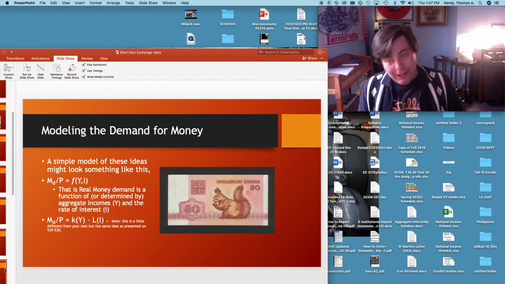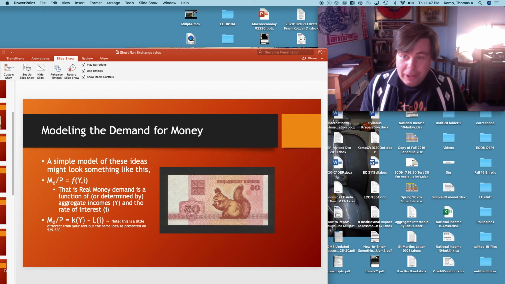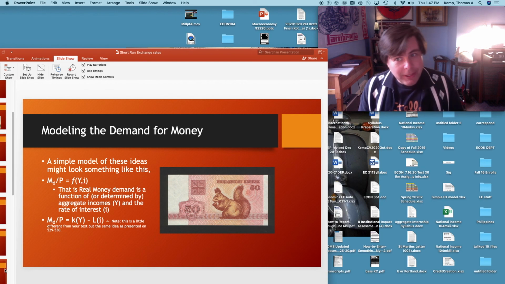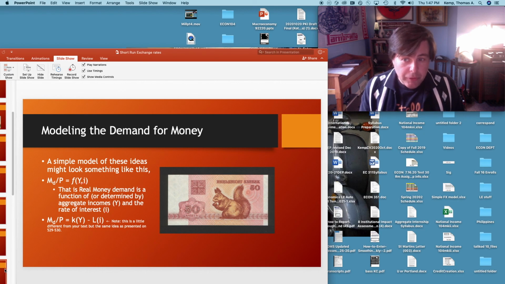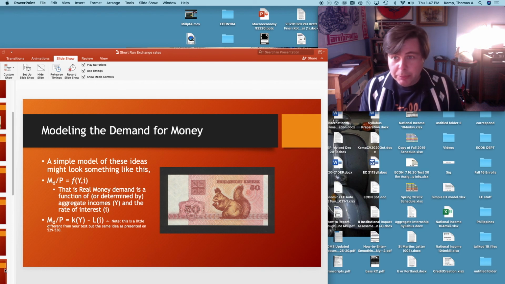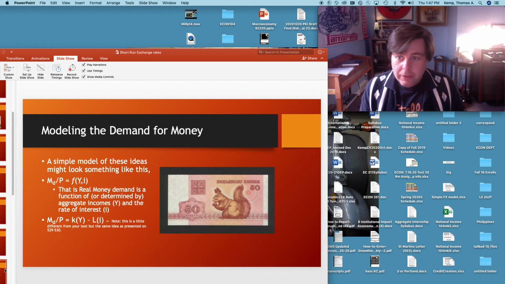Minus L times i. Okay, well, remember that speculative demand for money, you might have been a little concerned about that a moment ago. But how does the rate of interest impact your demand for money? Okay, if interest rates are very low, like right now, you probably never even thought about that, right? You go to the cash machine, you get out $50 or whatever for the weekend.